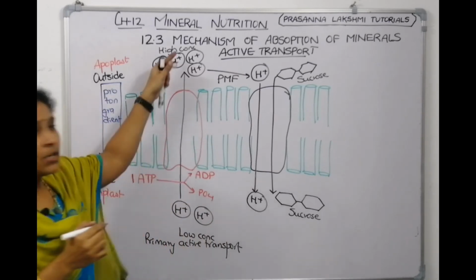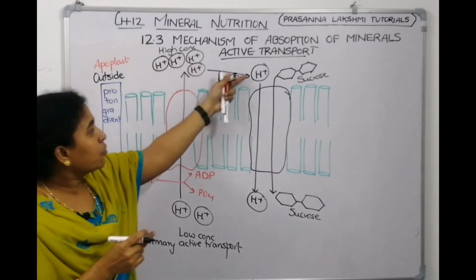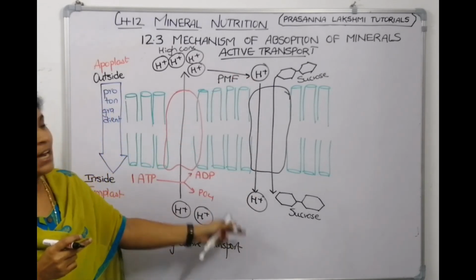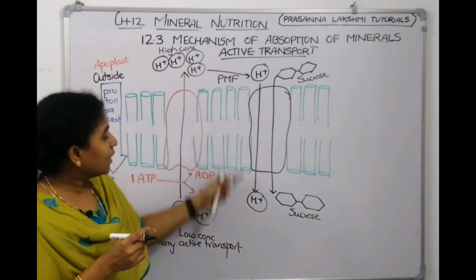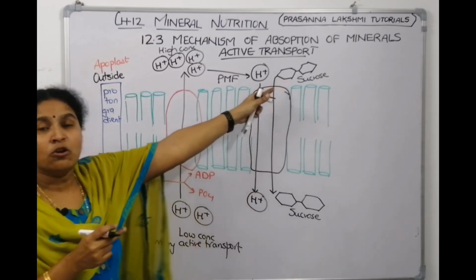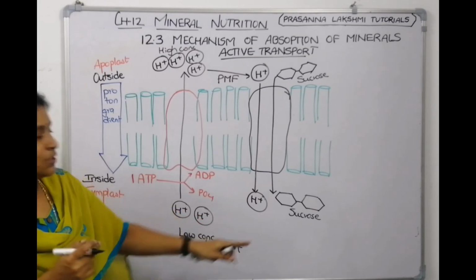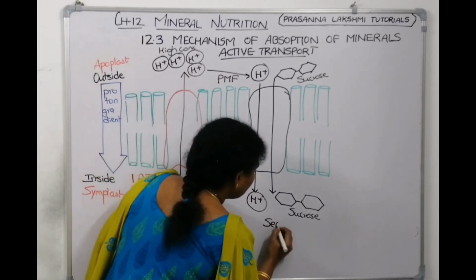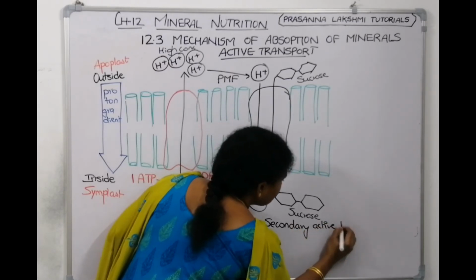Because of more protons here, proton motive force is generated. Using that force, protons try to come back inside from apoplast to symplast. Along with that H plus particle, if another solute also tries to come inside, that is called secondary active transport.